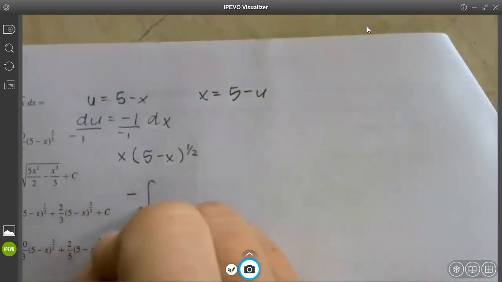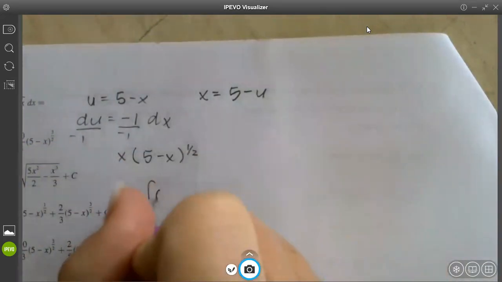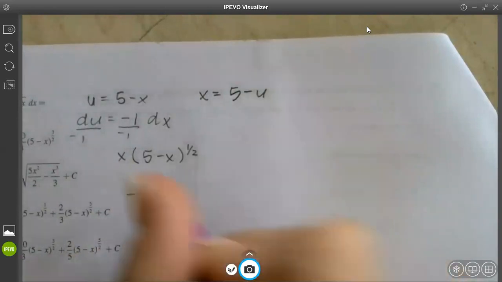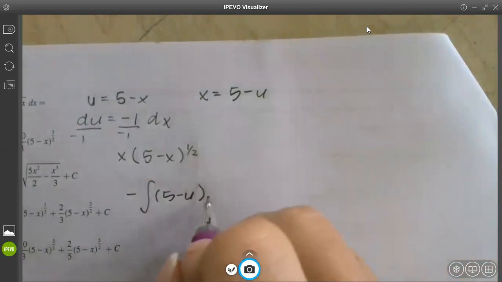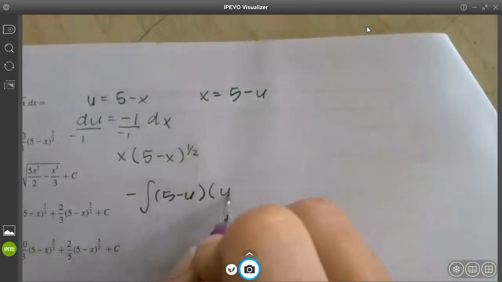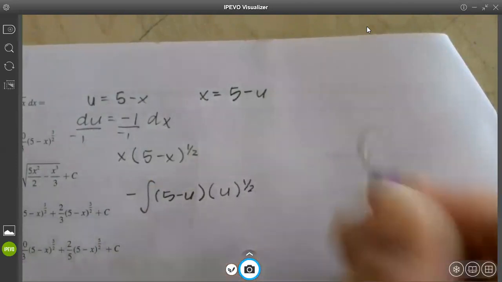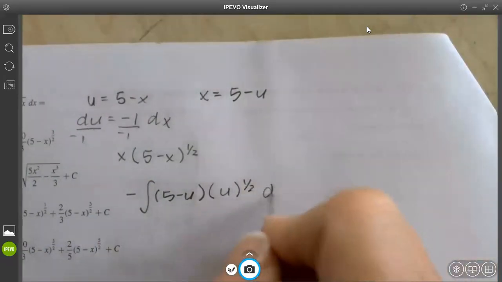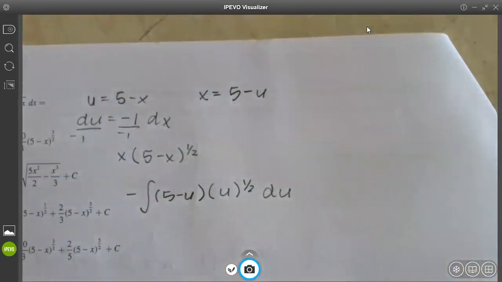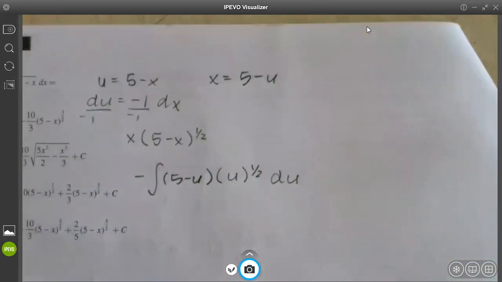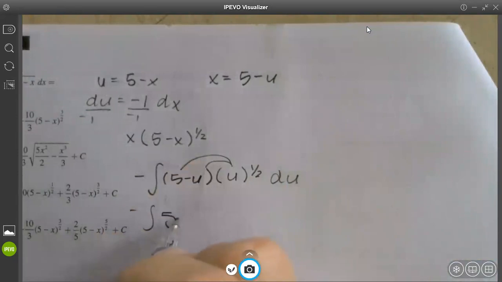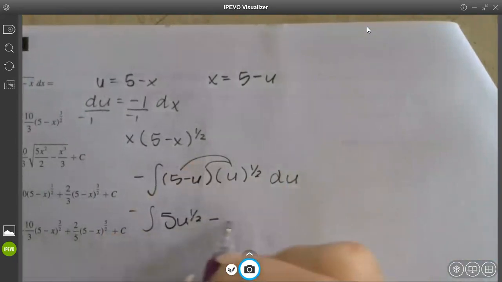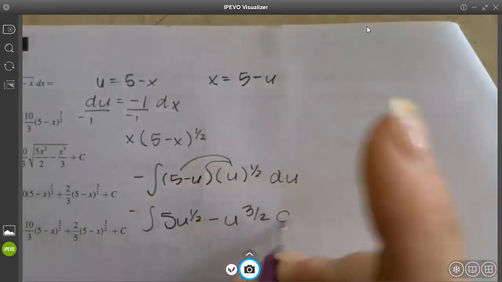I get negative integration, this x right here was 5 minus u, times u to the 1/2 du. Now I can multiply. I get 5u to the 1/2 minus u to the 3/2 du.